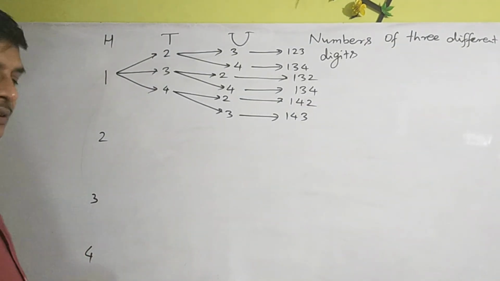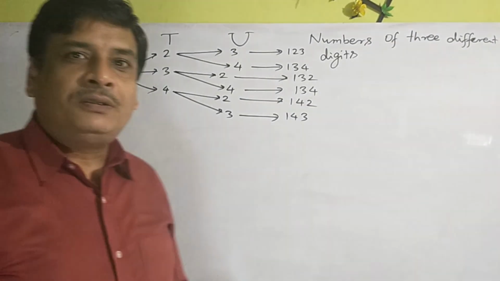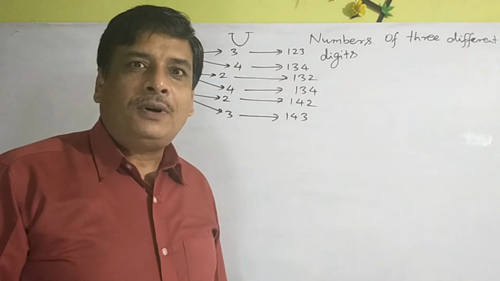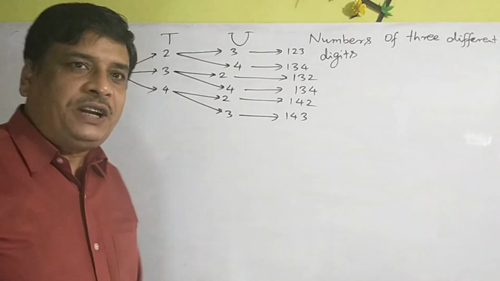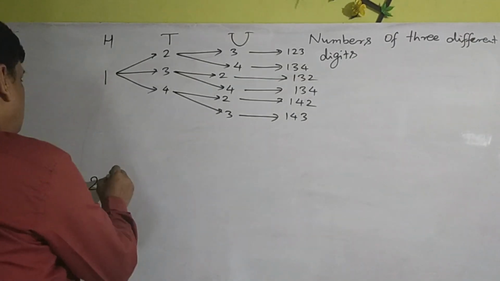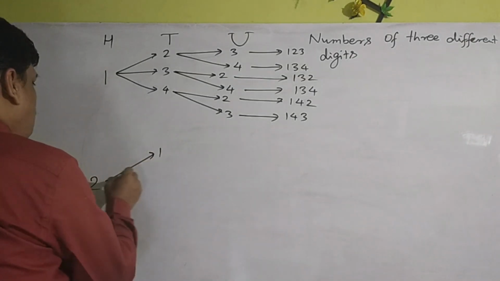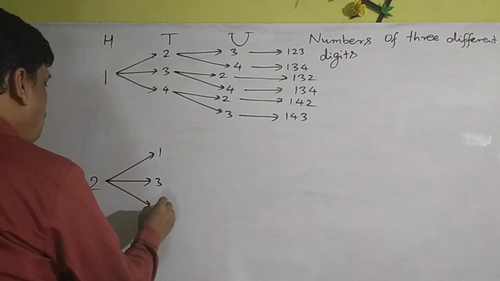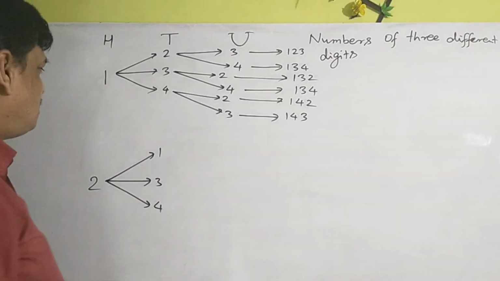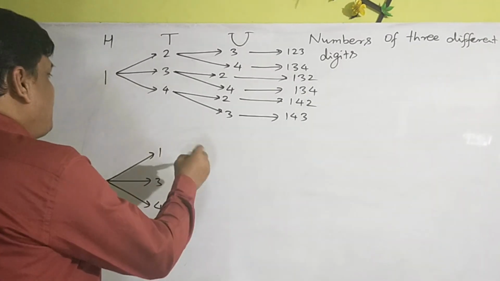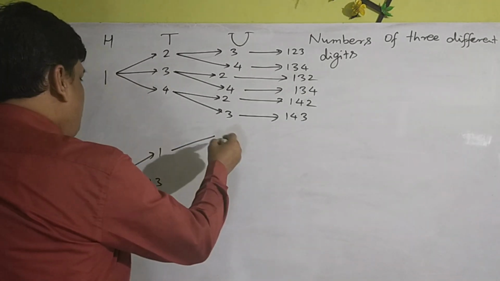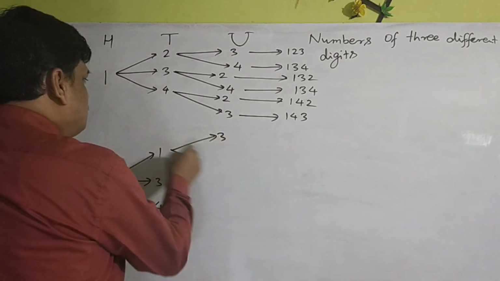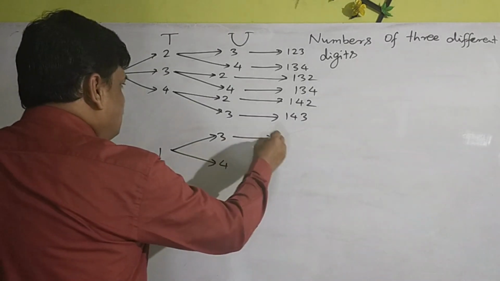Same procedure for the digit 2 taken at the hundreds place. When 2 is taken at the hundreds place, the tens place can be filled up by 1, 3 or 4. When 1 is taken at the tens place, the unit place can be filled up by 3 or by 4.